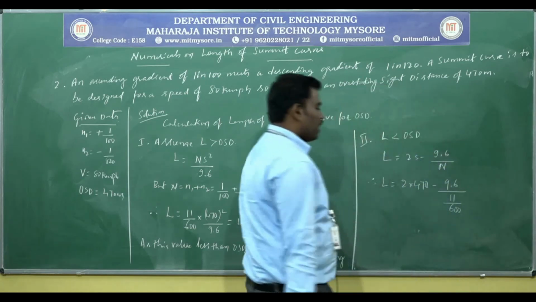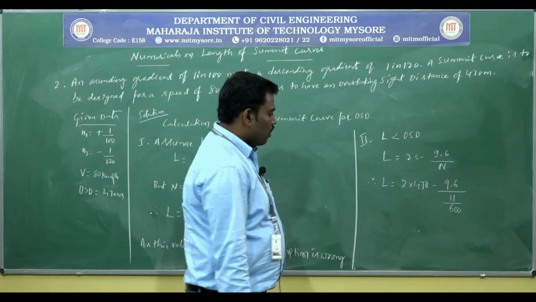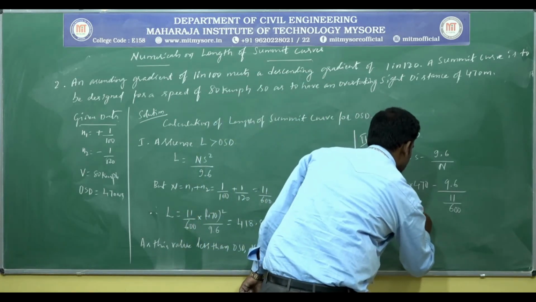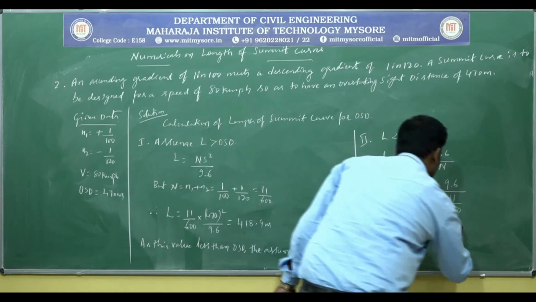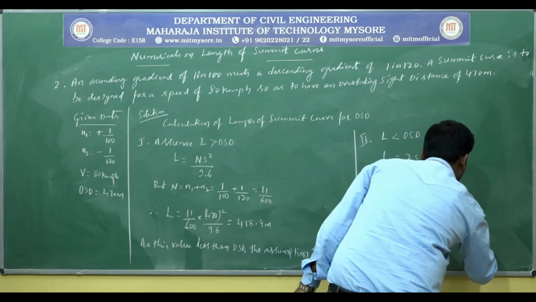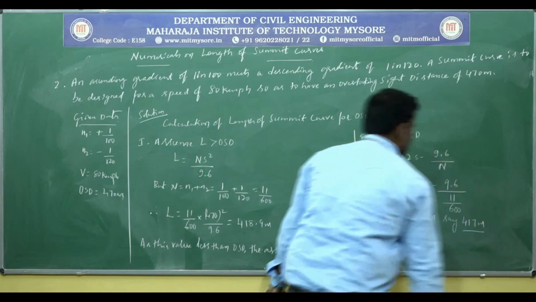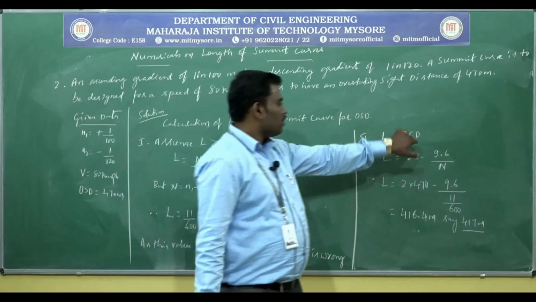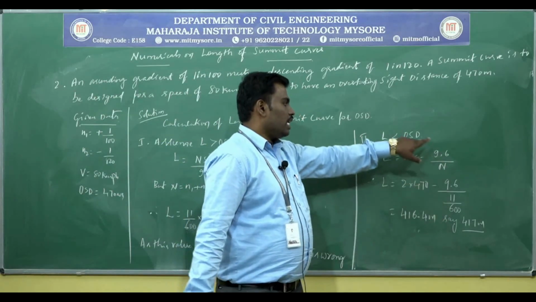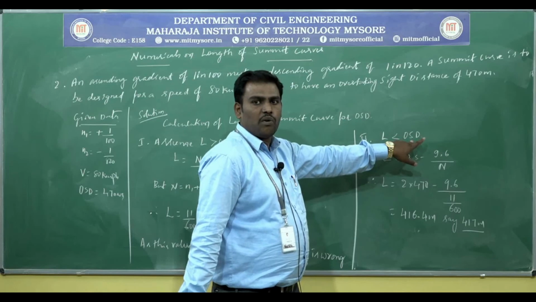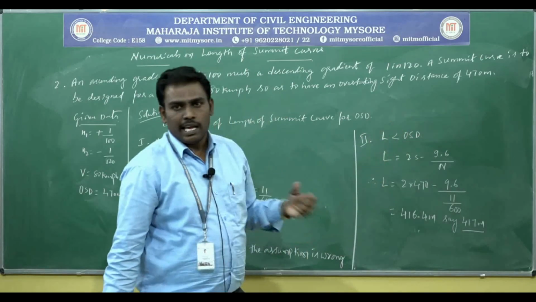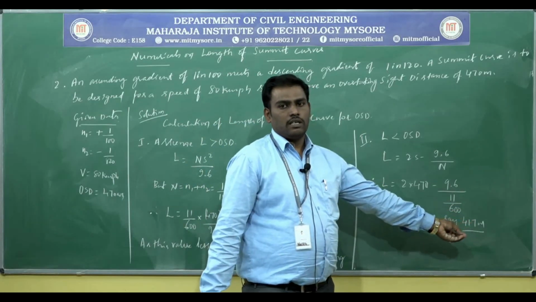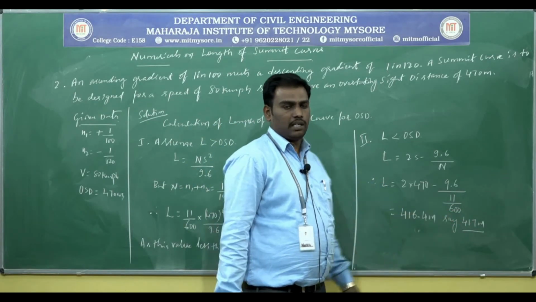Using this, you may get about 416.4 meter, say 417 meter. And as 417 meter is less than the overtaking sight distance of 470 meter, the assumption is correct. Therefore, the design length of summit curve is about 417 meter.